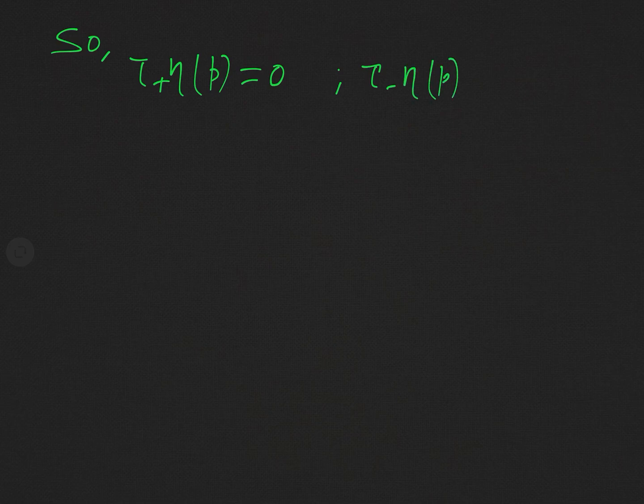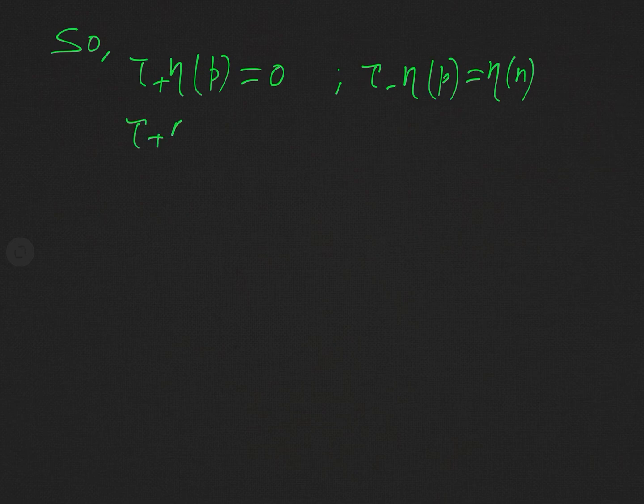So we will have tau plus eta p. You can see this will be equal to 0. The other important equation will be tau minus eta p. This will be eta n.